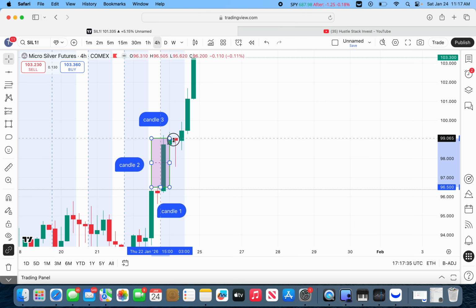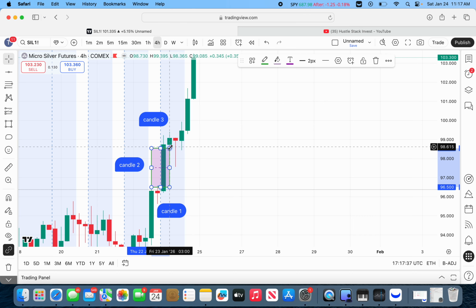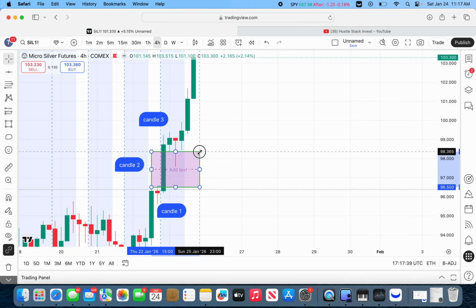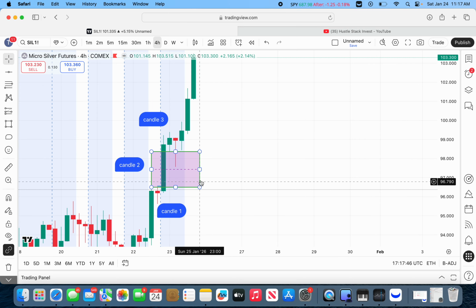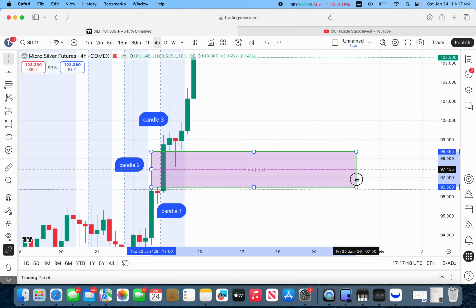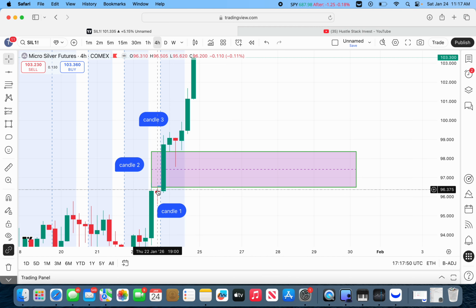And this small green candle is candle three. So it'll be somewhere right there, right? And then the gap will be basically this big green candle or big red candle, depending on which way it goes. And you'll stretch it out like this, right? And the gap is coming from the one, two, three candles, right?